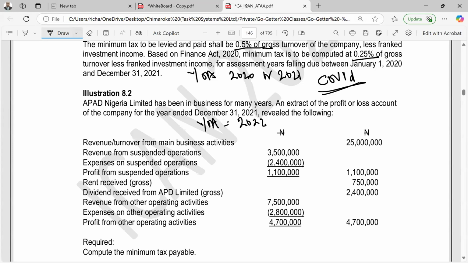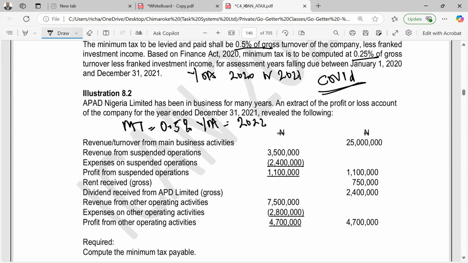So what it means here is if you are asked to calculate minimum tax, you cannot use 0.5% or 0.25% because the year of assessment is 2020, 2021 that qualifies it, but now this is 2022. So it means minimum tax will be 0.5%.